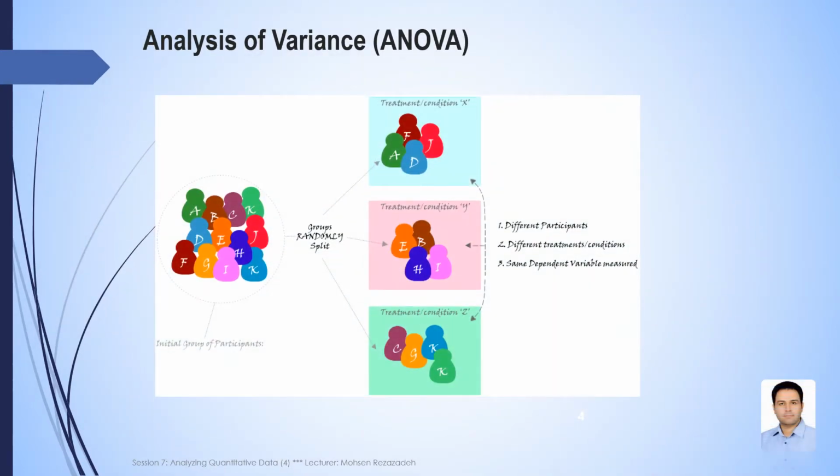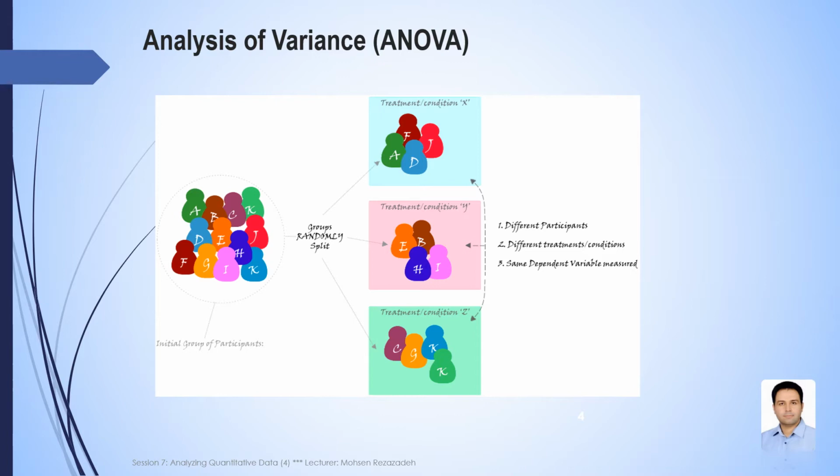If you are dealing with individuals, you are likely to encounter this situation using two different types of study designs. In this slide, I will explain the first design, and in the following slide, I will talk about the second study design. Here, in this design, you recruit a group of individuals and then randomly split this group into three or more smaller groups.